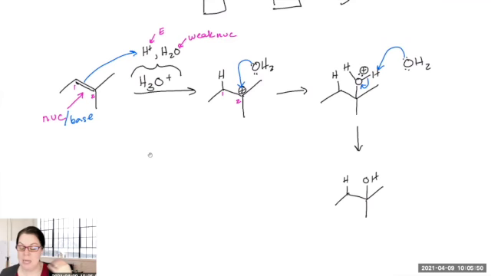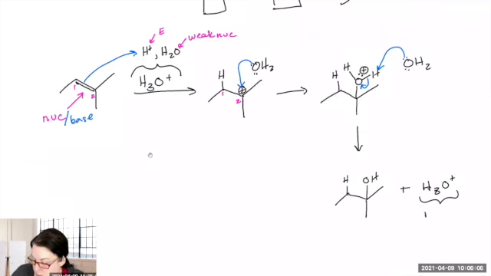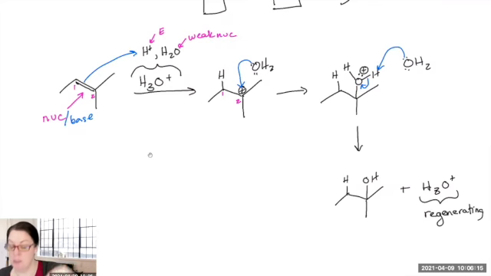Okay. Once again, you don't need to draw in this proton every time. I like to do it just to show you, to keep track of what we've added. So the other thing that we make in this reaction is an equivalent of H3O+, which is regenerating the H+ that we used at the beginning.